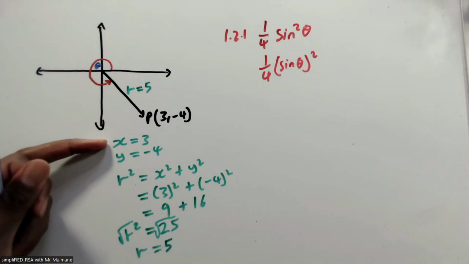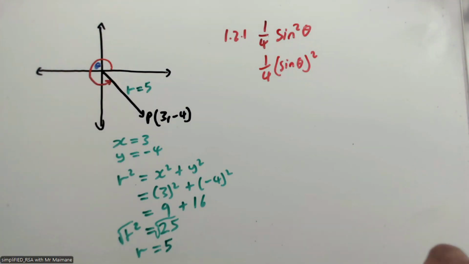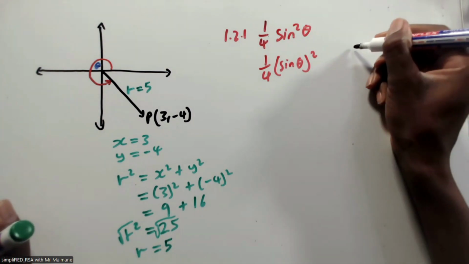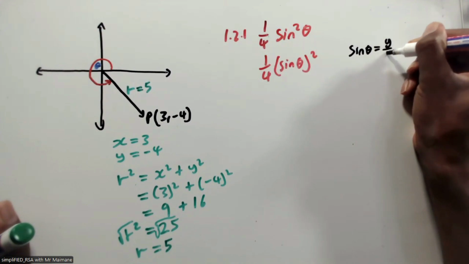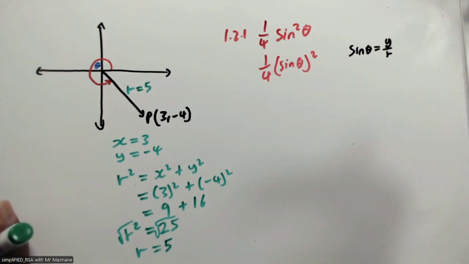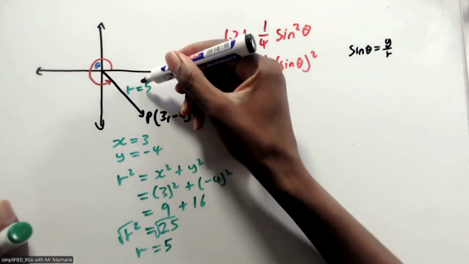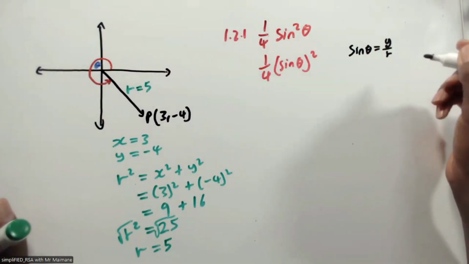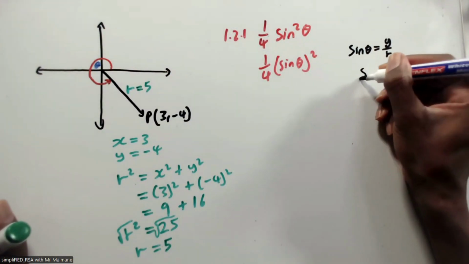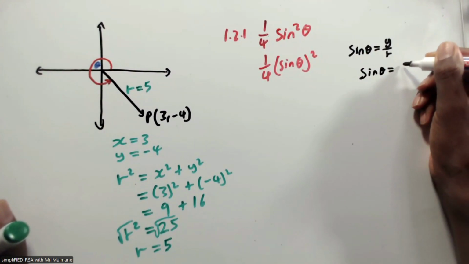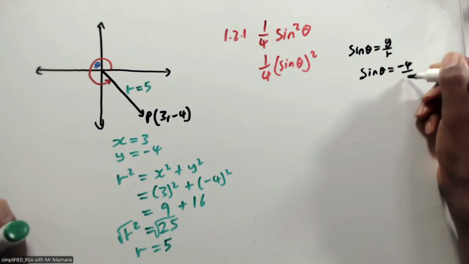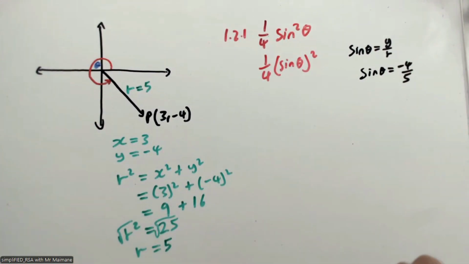I know that x is 3, y is minus 4, r is 5. And in my knowledge, I know that sine theta is equal to y over r, which is opposite over hypotenuse if I was looking at it in terms of a triangle. But otherwise, this means that sine theta is y, which is minus 4, over r, which is 5.